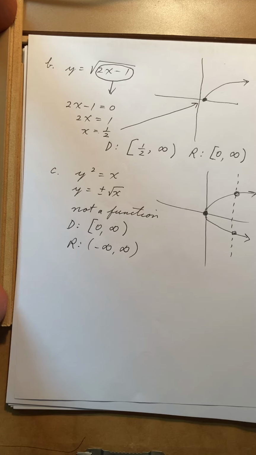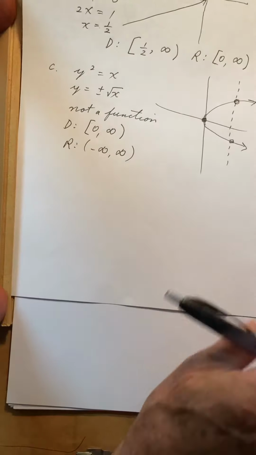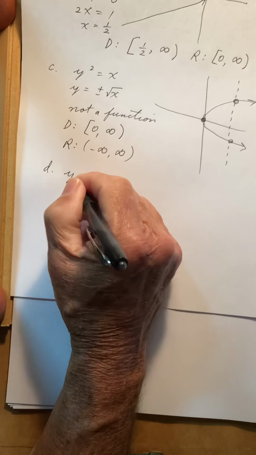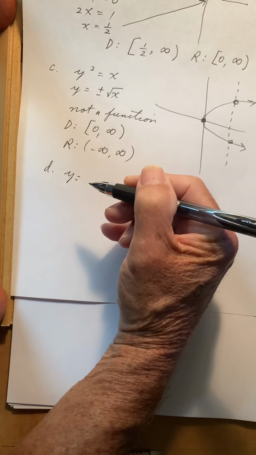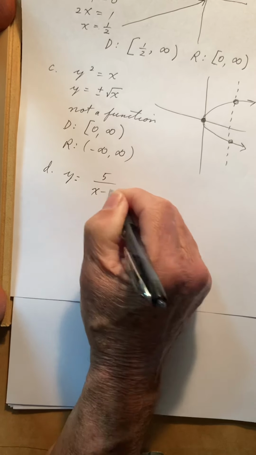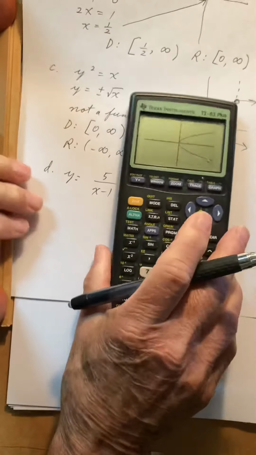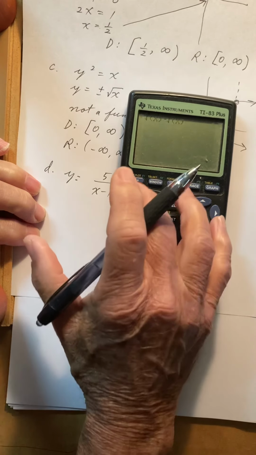And then part D is y equals 5 over x minus 1. To do this one, let's clear this off here.